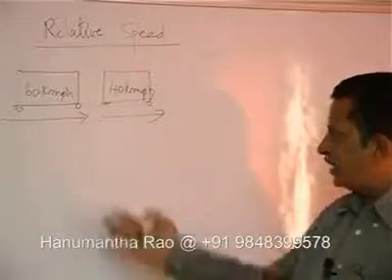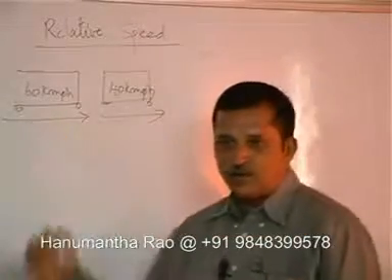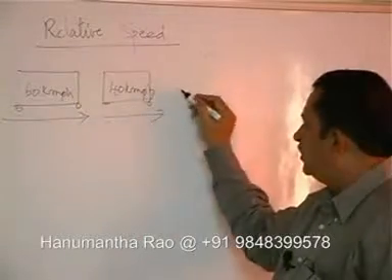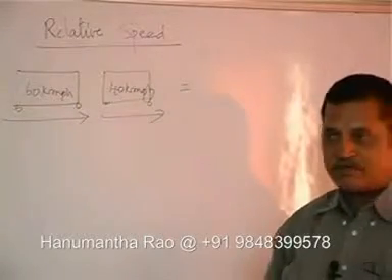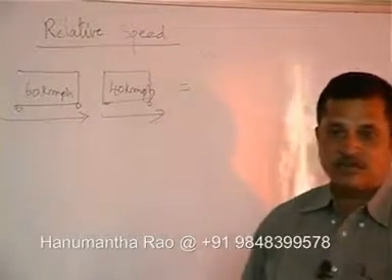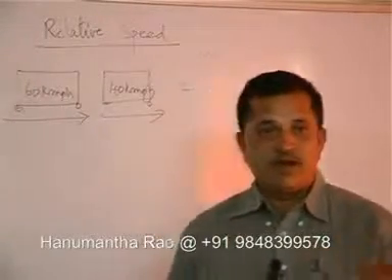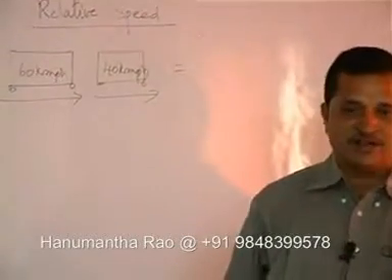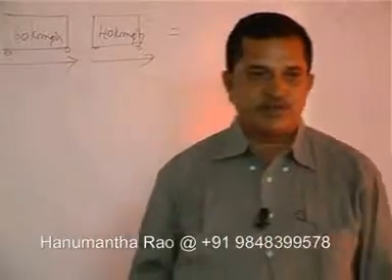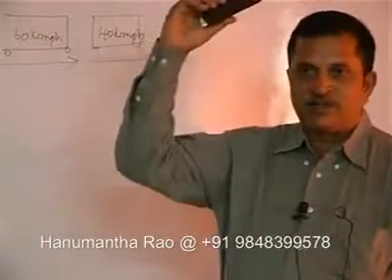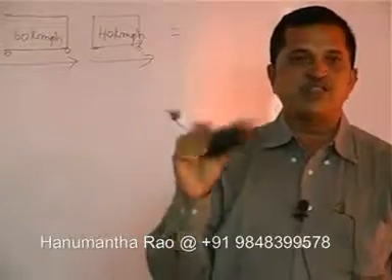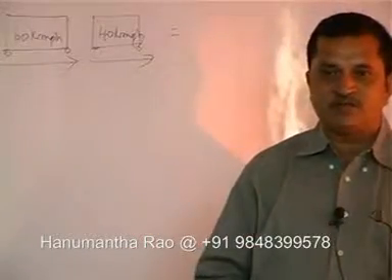Because the speed of the first train is more, definitely it will cross the other train. Relative speed means the speed that works out when one train is crossing the other train. So don't calculate from the railway station. While crossing each other, what is the speed that works out?